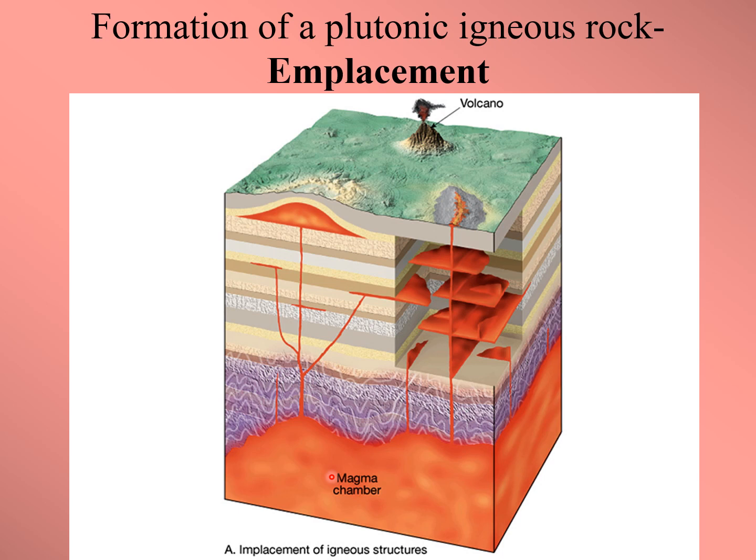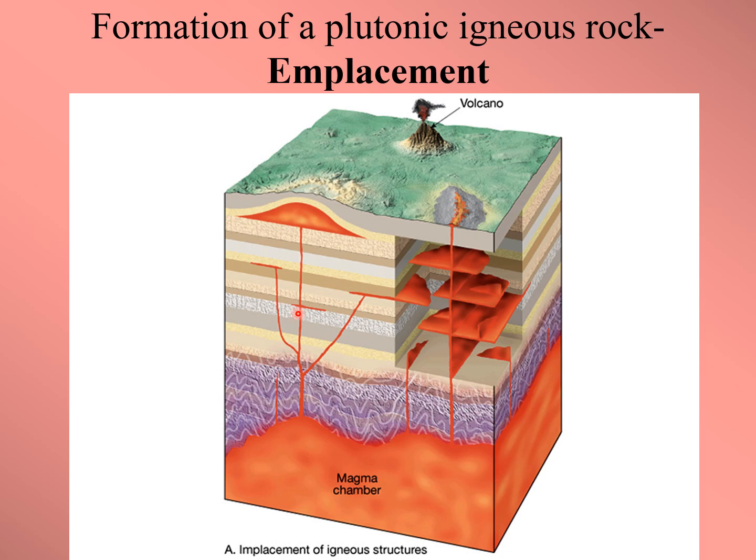And so the melt in the magma chamber is moving up because of density. And when it settles in a place and starts to cool, so it stops moving, we call that emplacement. With sedimentary rocks, we would say something is deposited.